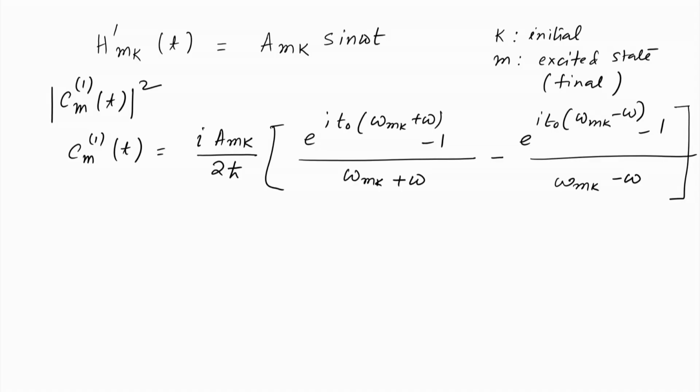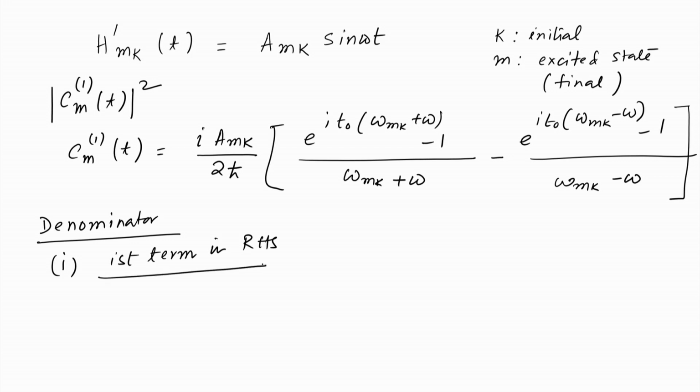Let us look at each one of the terms. So, the denominator of the first term, that is inside the bracket. The poles of that, poles meaning where the denominator becomes 0, is this condition: omega m k, which is E m minus E k over h cross, plus omega equal to 0.